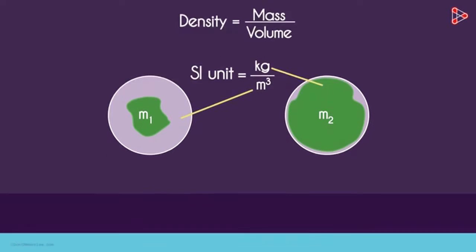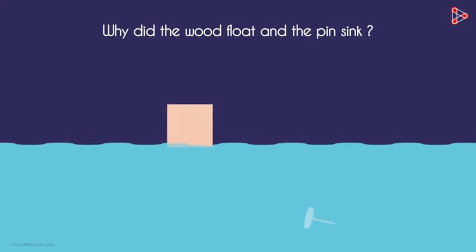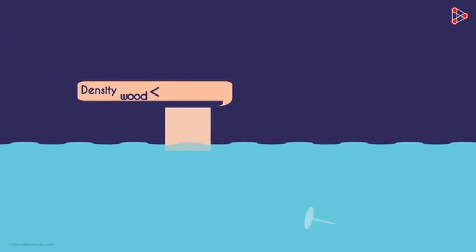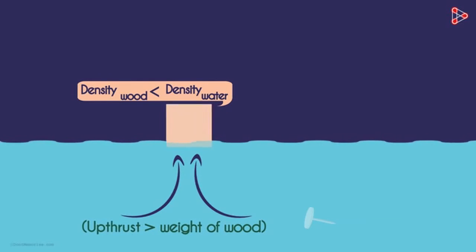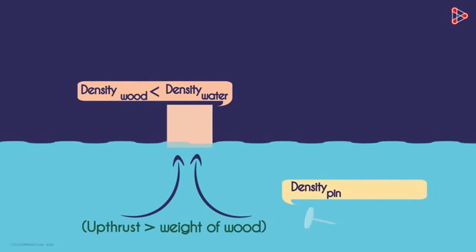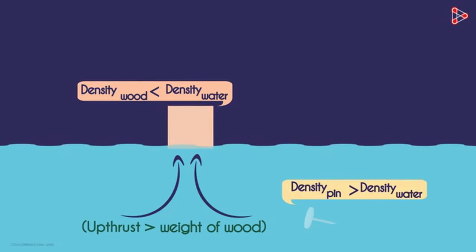Coming back to our example, why did the wood float and the pin sink? The wood floated on water because the density of the wood is lesser than the density of water. Hence, the upthrust of water on the wood is greater than the weight of the wood. Hence, it floated. But the density of a metal pin is more than the density of water.